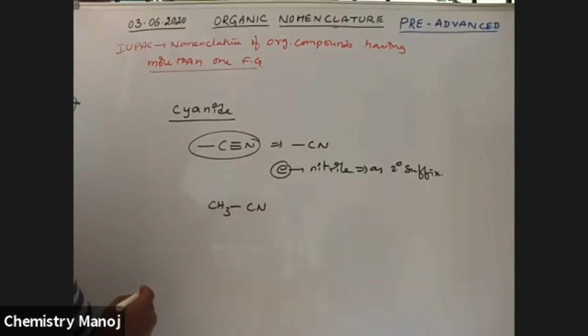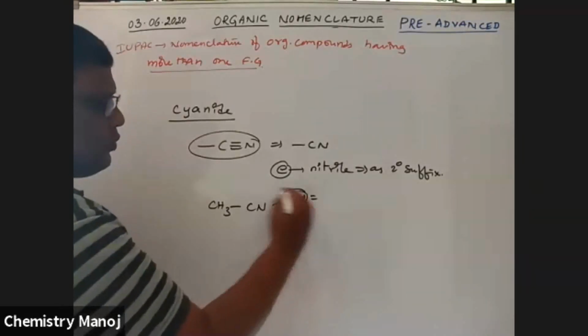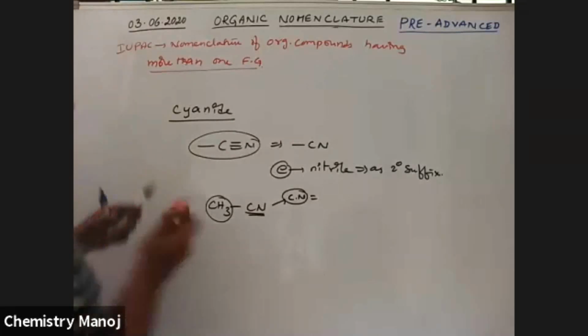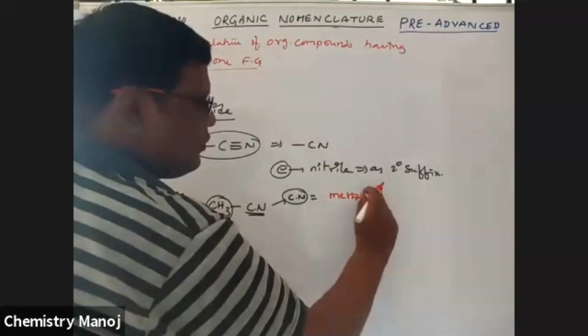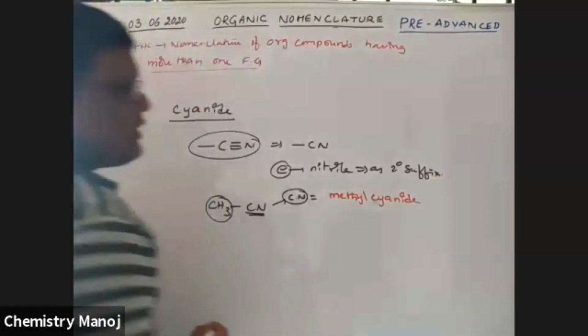So see here, CH3CN. Its common name is methyl cyanide, because it has a methyl group and a cyanide. Methyl cyanide is the common name.